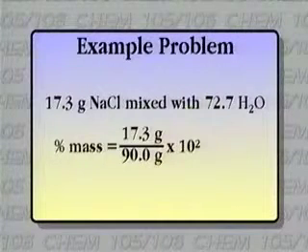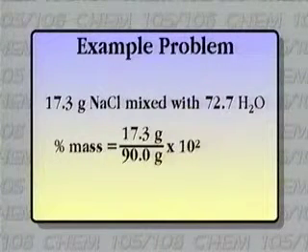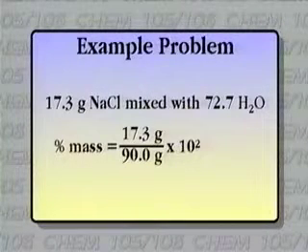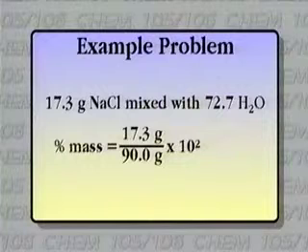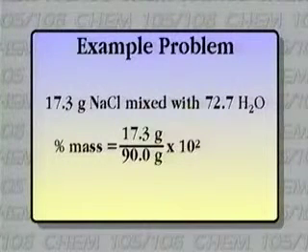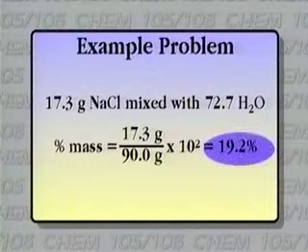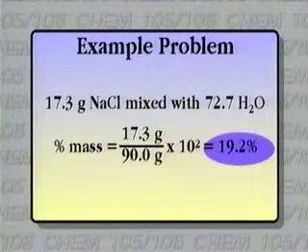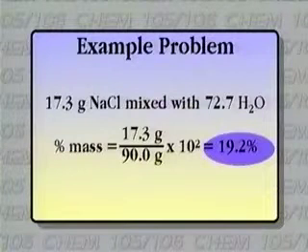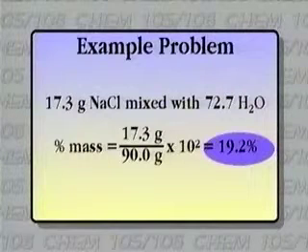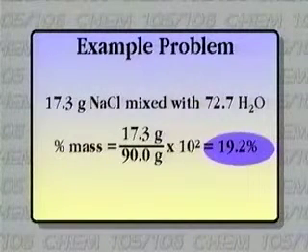So in this particular case, we'd have 17.3 grams divided by 90.0 grams times 10 to the second, and then we would get a final answer, 17.3 divided by 90, and we have a concentration of 19.2% by mass sodium chloride.